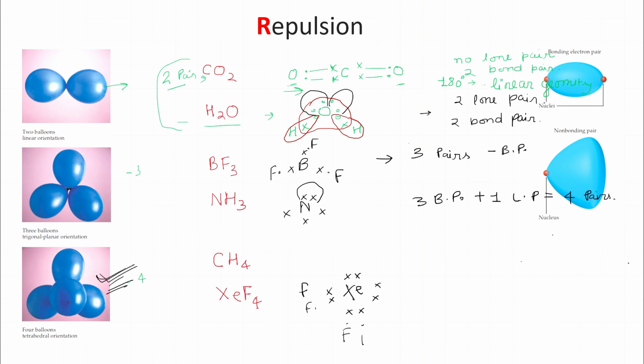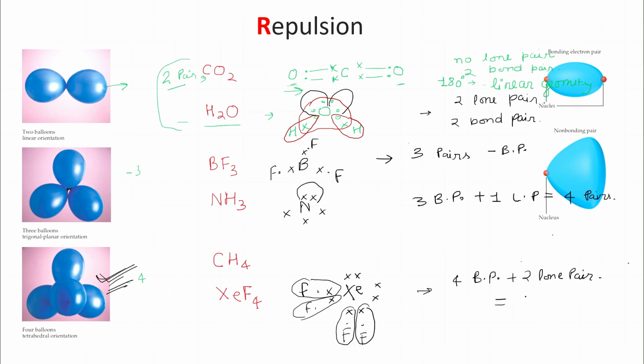Okay. Now, here, let's make 4 bond pairs for xenon. And 4 bond pairs plus 2 lone pairs. Now the total is 6.